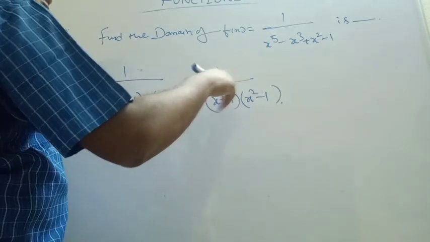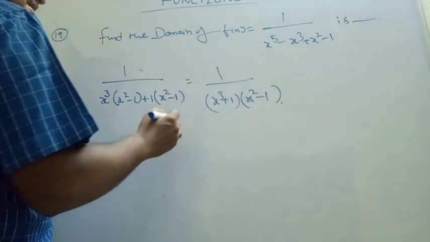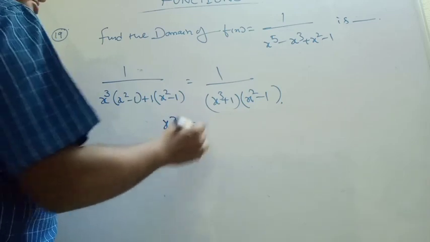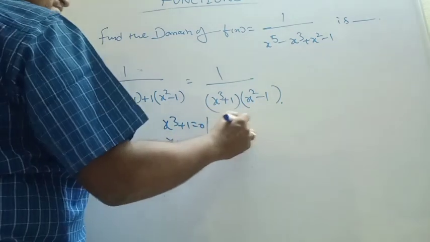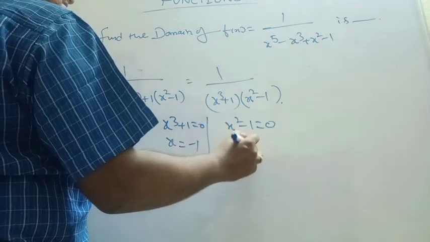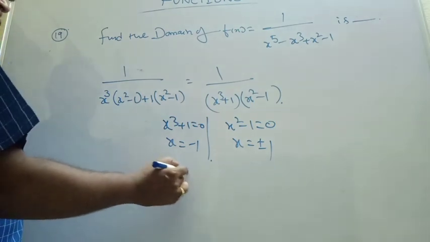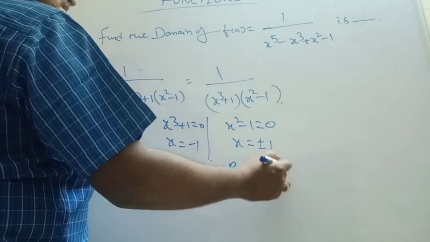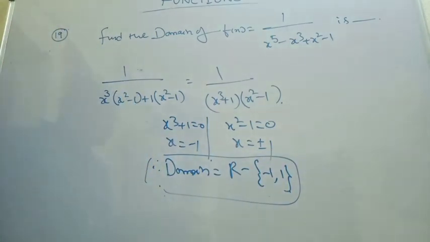Where it becomes 0, those things we have to eliminate from the set of all real numbers. X cube plus 1 equal to 0 means x is equal to minus 1. This should not be included. And x square minus 1 equal to 0 means x is equal to plus or minus 1. You know that. Therefore, the domain is R minus the set of minus 1 comma 1. If you take that, then this function is perfectly defined.